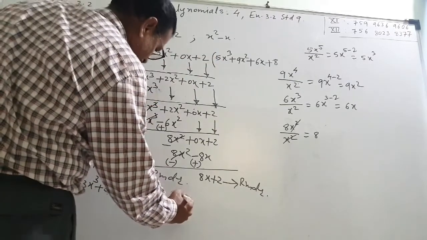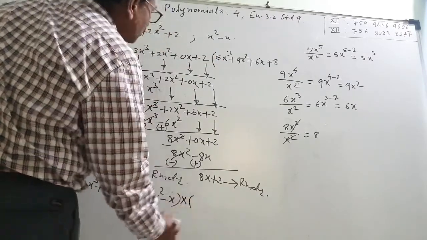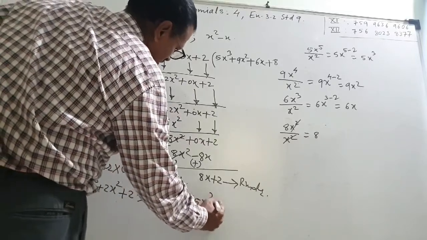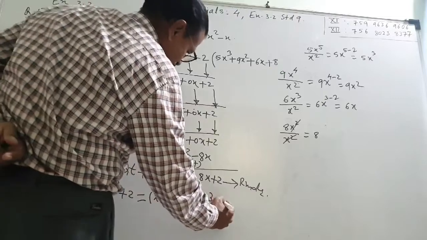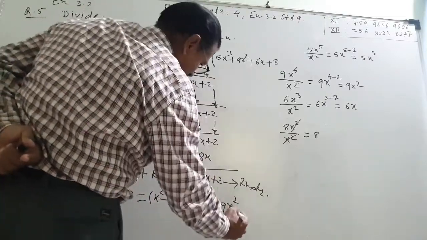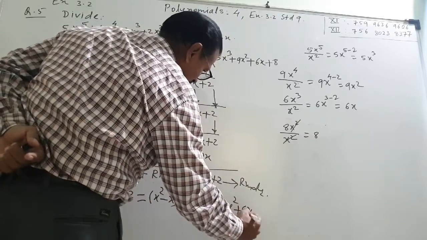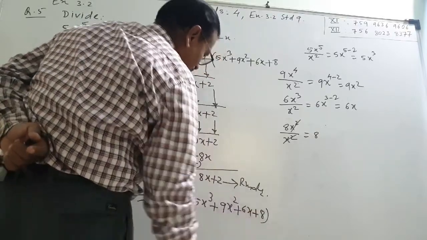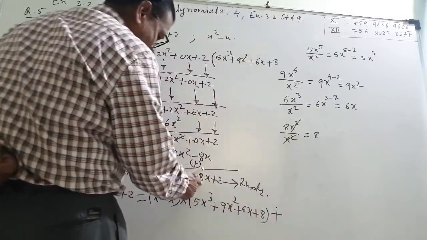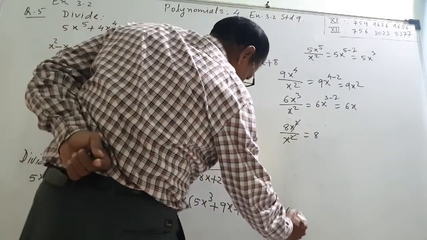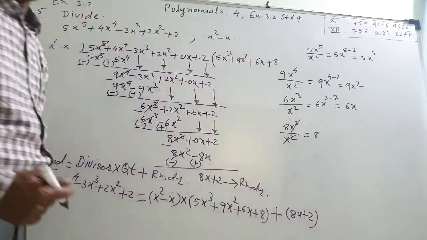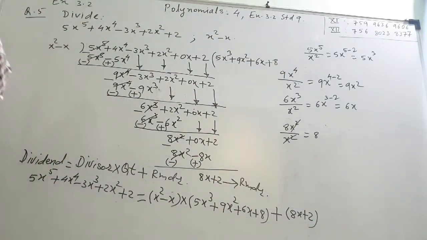This is my quotient: 5x raised to 3 plus 9x square plus 6x and plus 8, plus remainder. Plus remainder is this much, 8x plus 2 is the remainder, and this is the answer they needed.